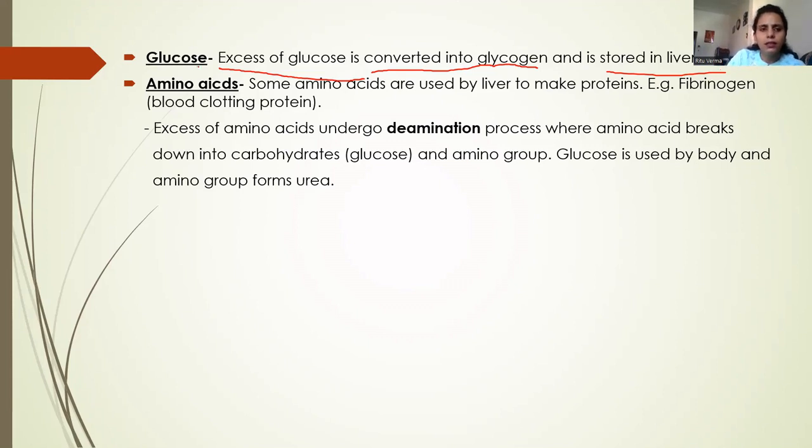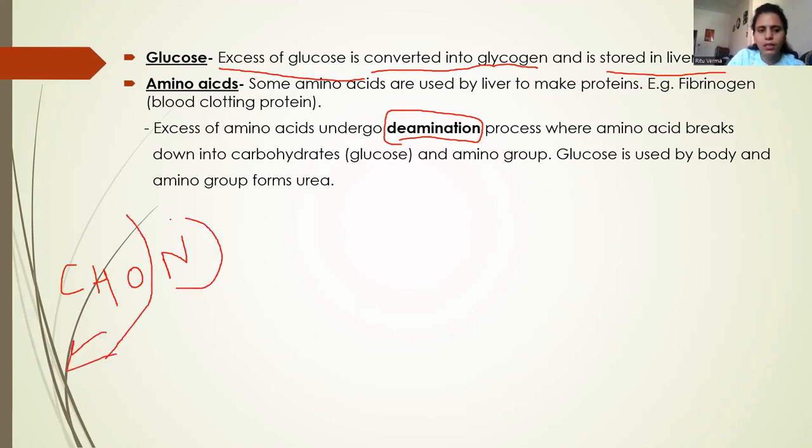And next is amino acids. What happens to the excess of amino acids? These excess amino acids undergo the process of deamination. We already know that amino acids are the simpler molecules of protein. We have studied in the biomolecules chapter that for the formation of protein we require carbon, hydrogen, oxygen and nitrogen. In the process of deamination, the carbon, hydrogen and oxygen get separated from the nitrogen.